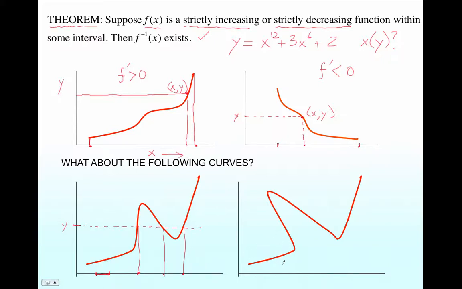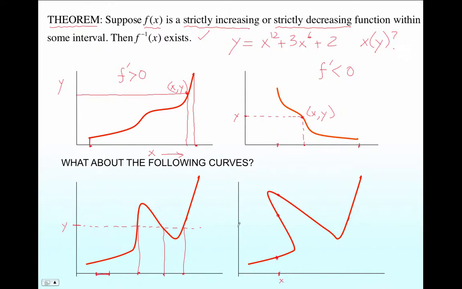This curve over here is even worse. It's not even a function. Now, what does that mean? It says that if I give you x, you don't know if the value of y is this or this or this. It could be any one of those three. So x does not uniquely determine f of x or y, the three different values of y.